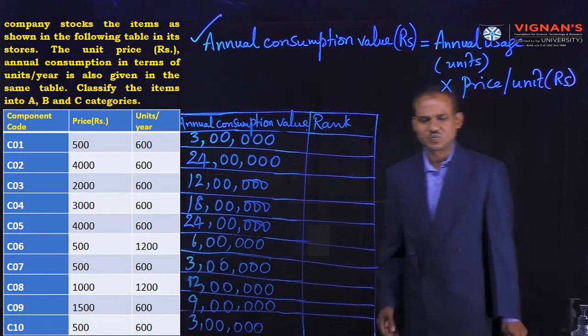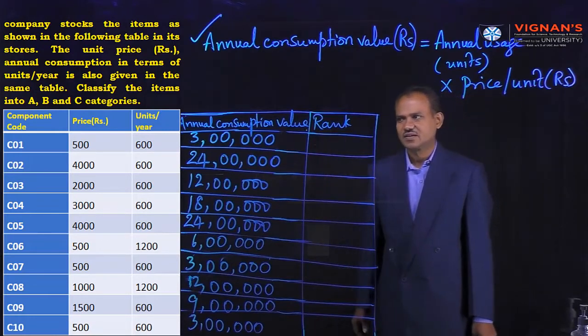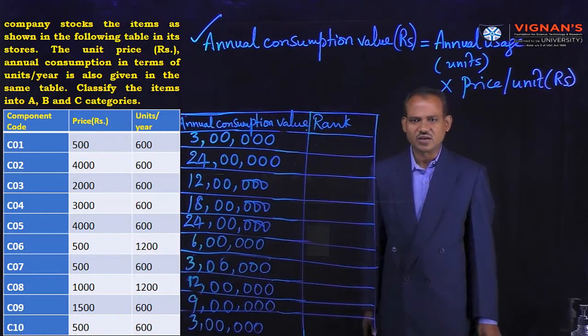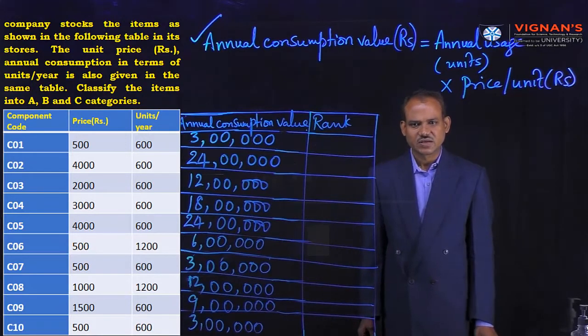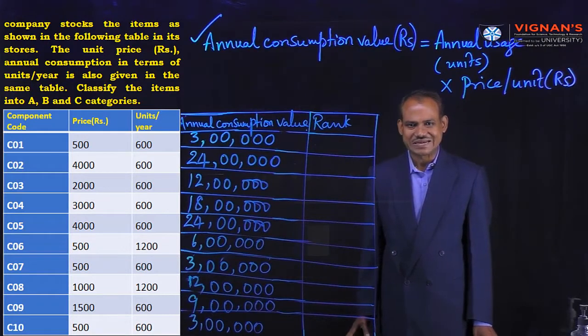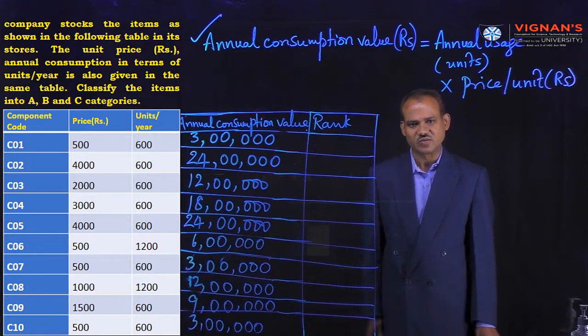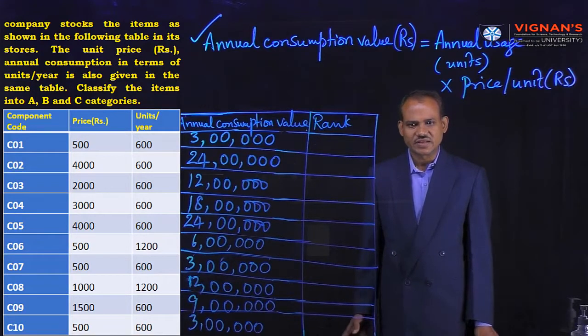Next, after calculation of annual consumption value for each item, next task is to arrange all the items in descending order of their annual usage value, and then give ranking.